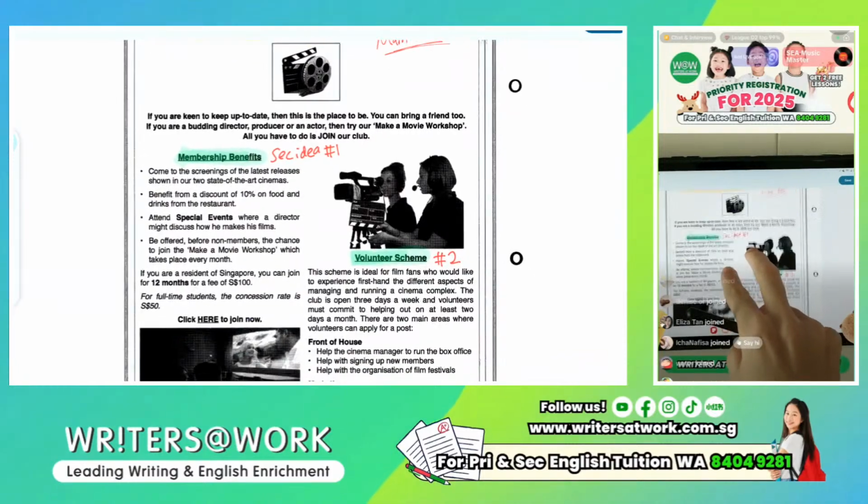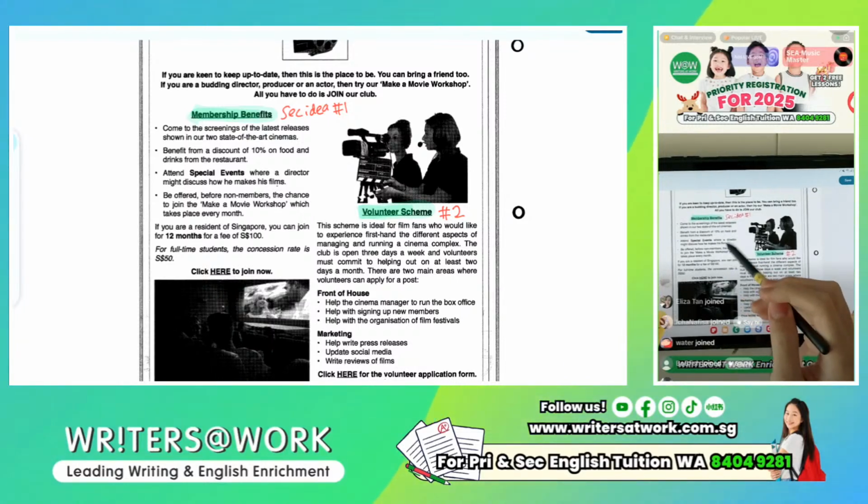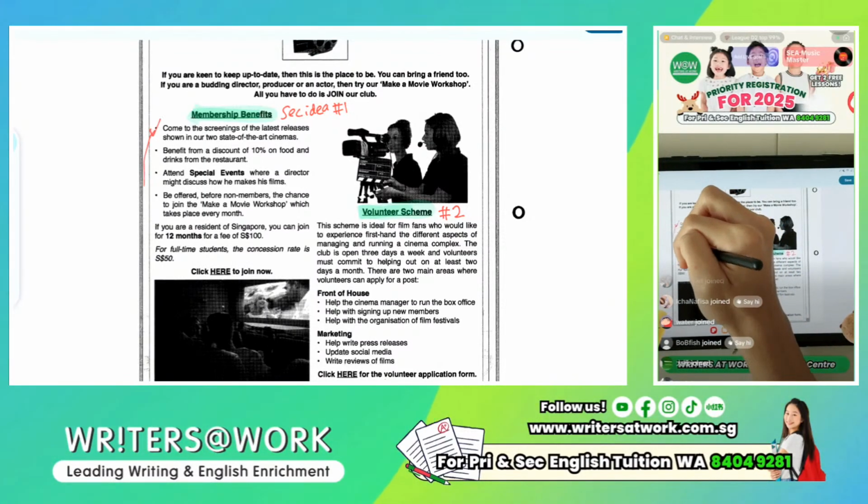Along with it, you can observe that there is this picture here, which is trying to show you some of the benefits that are mentioned here, which is basically number one, going to the screenings. It will look something like that.